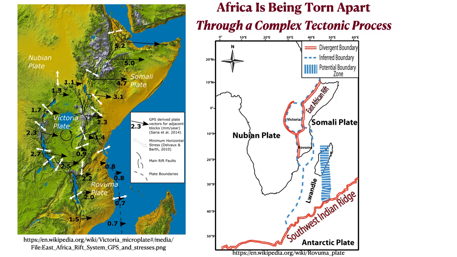As I mentioned before, most maps of plate tectonics show an African plate that's actually divided between an African, although they're calling it here Nubian and Somali plates, but it's even more complicated than that. There's actually a Victoria plate sandwiched between them. So East Africa is being rifted away from the rest of Africa and eventually will form its own smaller continent.